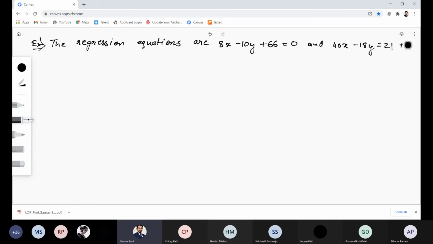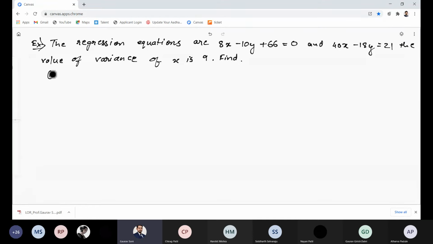The value of variance of x is 9. Then find, first one, mean of x and y.